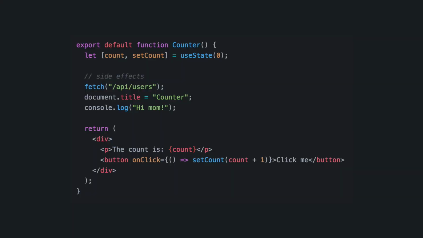So fetching data from an API or updating the document's title or even console logging are all examples of side effects. Now, I will say there is some nuance here about what exactly a side effect is inside of React, and some developers even might disagree about this. But as a general rule of thumb, when you're talking about a React application, you can pretty much assume that any code that is not creating or manipulating JSX is a side effect.